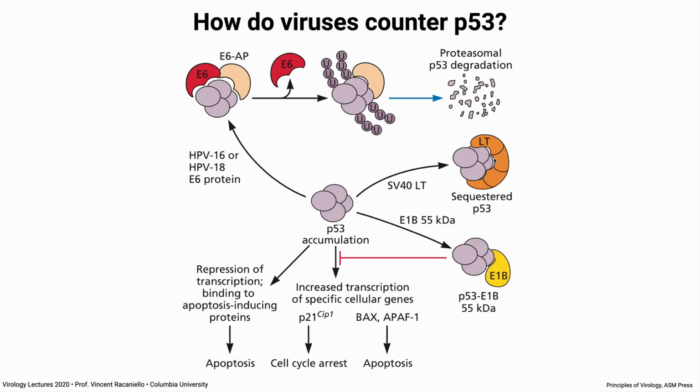Large T of SV40 and the E1B protein of adenoviruses both bind to P53 and sequester it so that it cannot activate the genes that lead to apoptosis. So viruses counter P53 in addition to popping RB off of E2F. Otherwise, the cell would never divide.